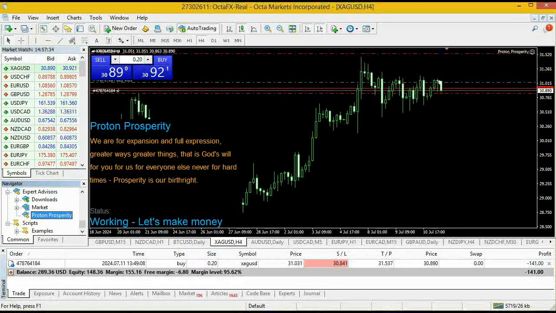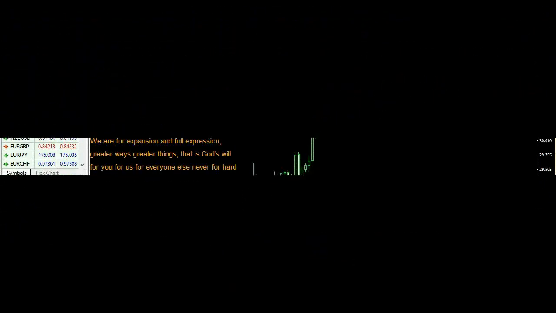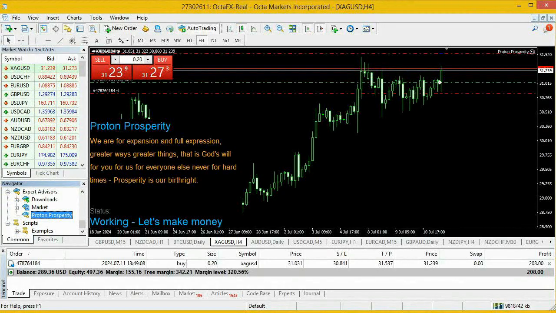Moving forward. 1 hour 6 minutes into the trade, our stop loss is threatened. This is where we are, 1 hour 41 minutes into the trade.